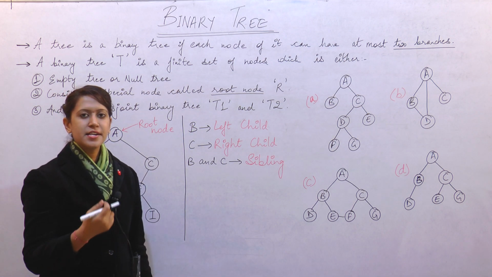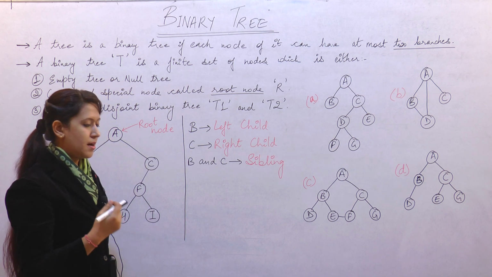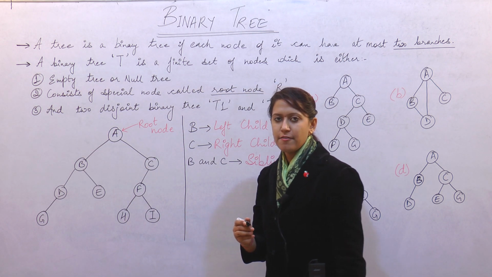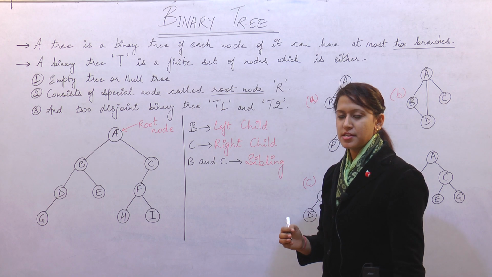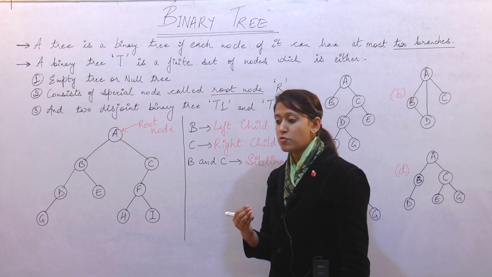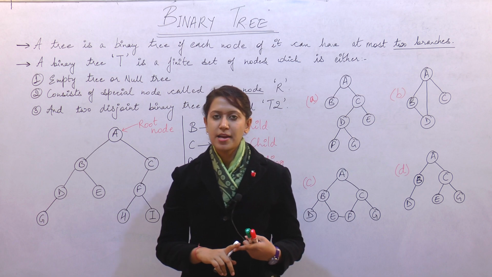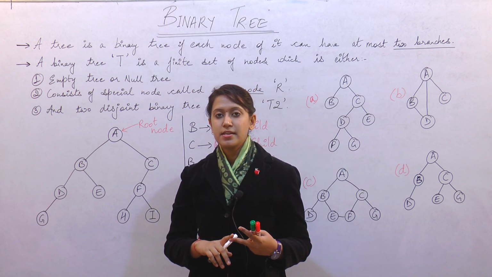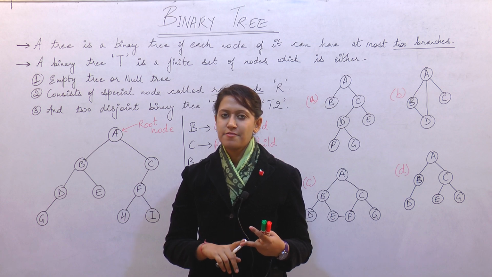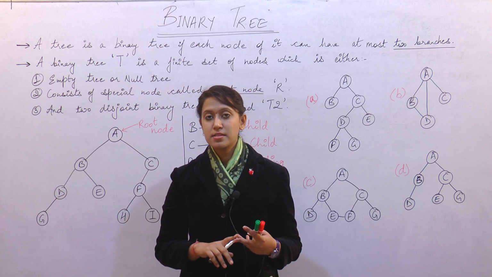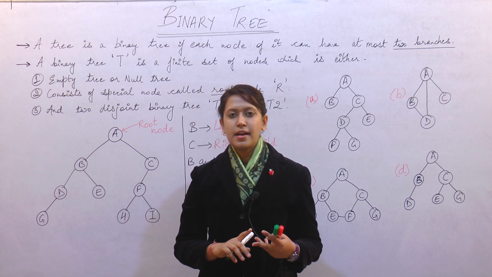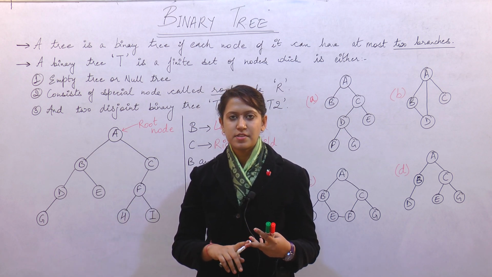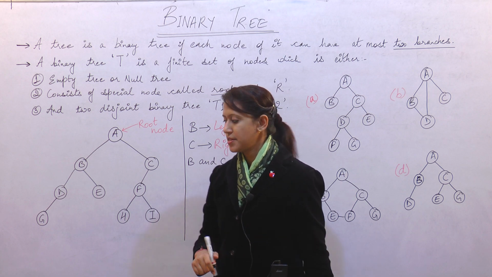So any node can have zero branches, that is no children; or one branch, either a left subtree or a right subtree; or at most two branches, the first one the left subtree and the second one the right subtree.